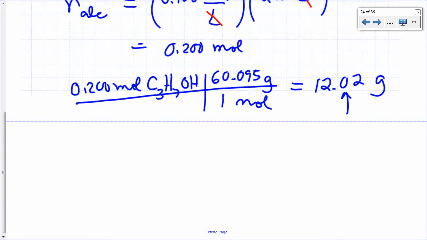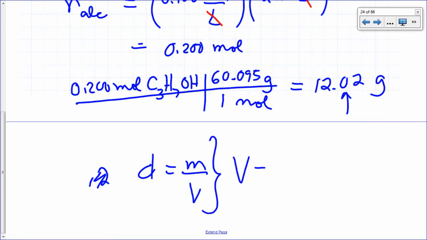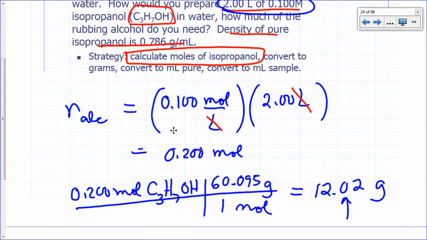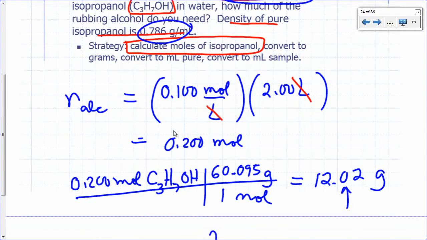So what you do is you change that to volume. Density is mass over volume, so if you want to solve for the volume, volume is mass over density. So 12.02 grams, keeping in mind that last sig fig is the first decimal place, divided by the density, which is 0.786 grams per mL.